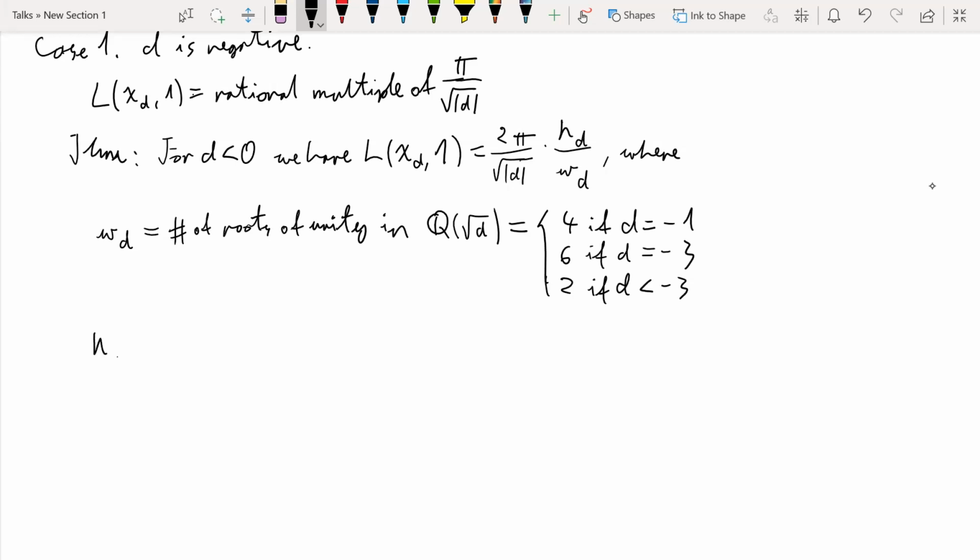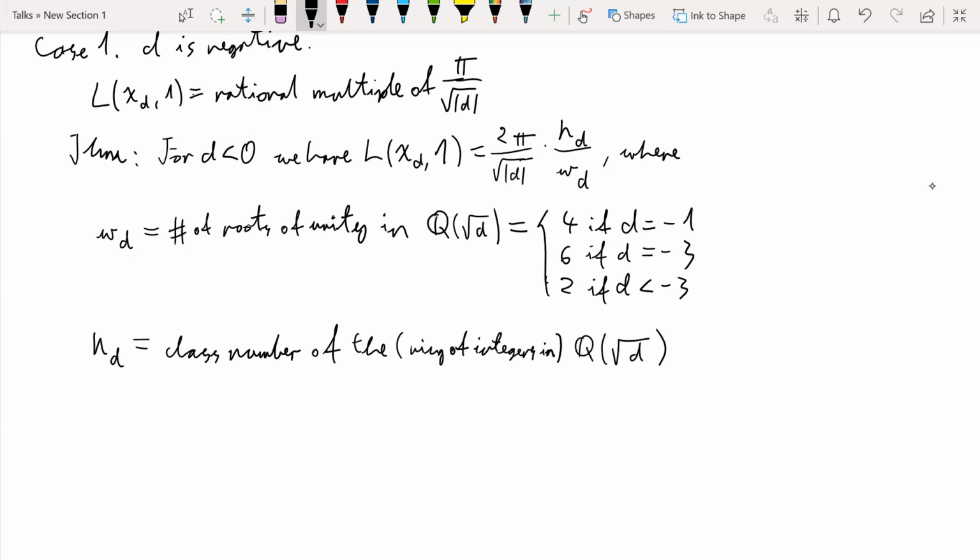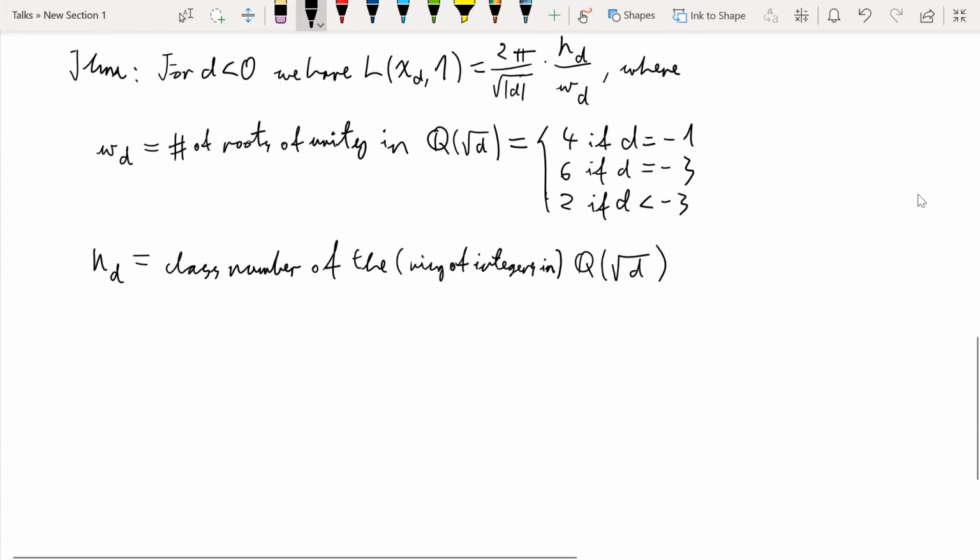Now h of D is going to be more interesting because this turns out to be equal to the class number of the ring of integers in this field Q adjoin square root of D. I will not explain precisely what this class number is, but I will briefly explain what it means in one specific example.